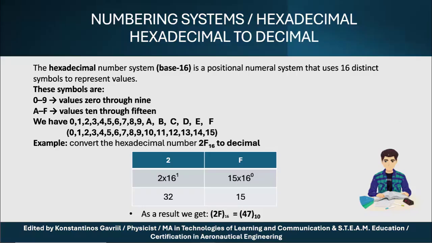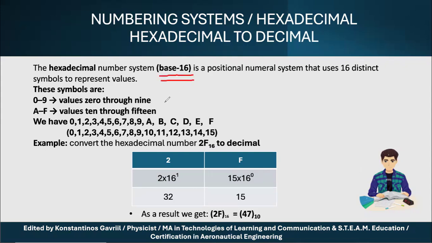We continue now with the hexadecimal numbering system. And actually we are going to see also the conversion from hexadecimal to decimal and vice versa. The hexadecimal numbering system has to do with numbers that have the number 16 as their base.